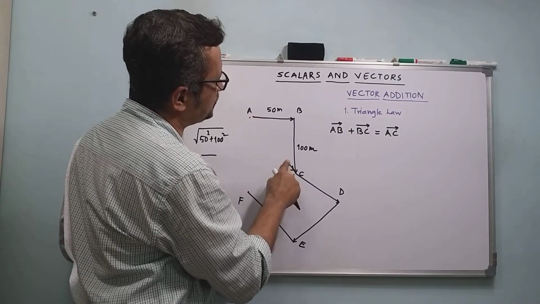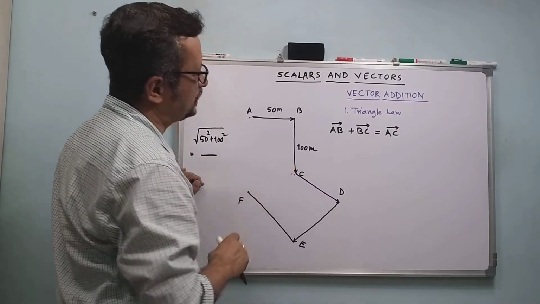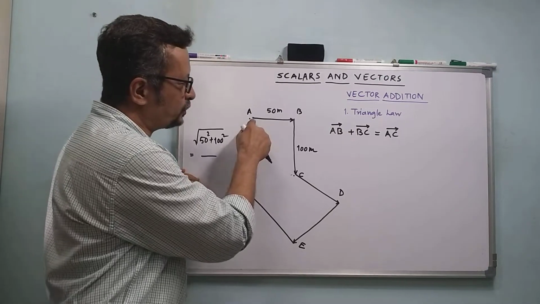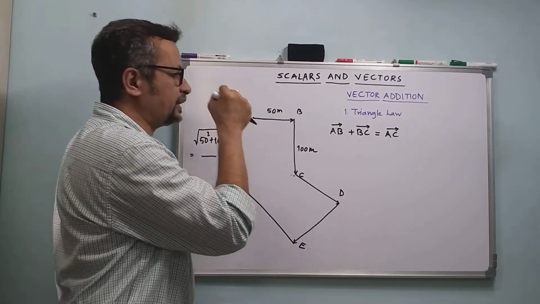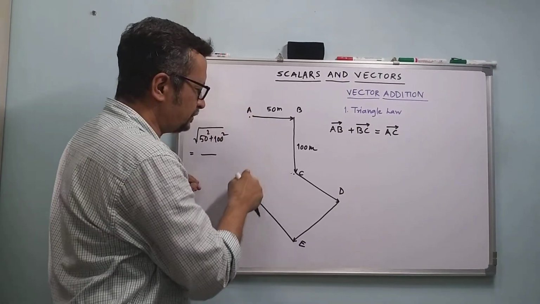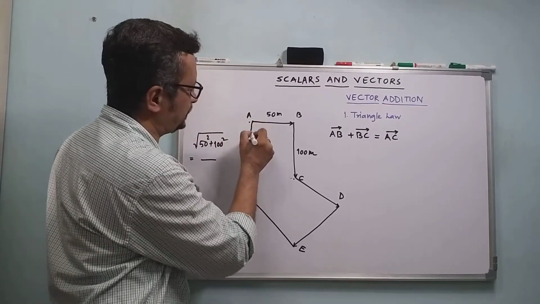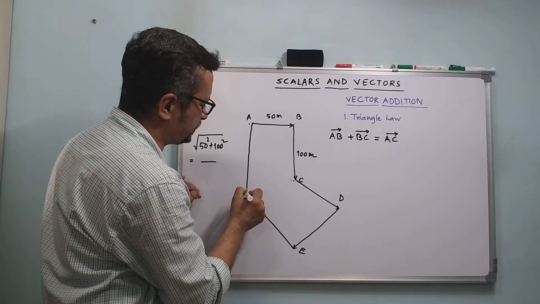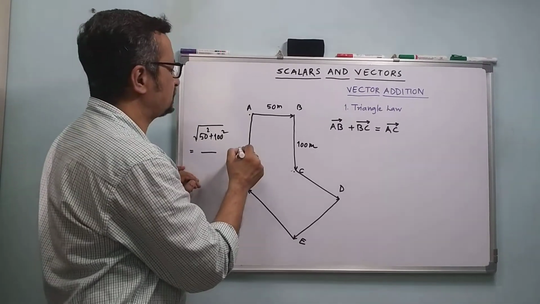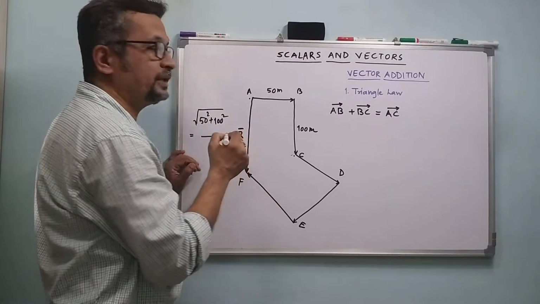I'll just remove this. I'm going to connect the tail of my first vector with the head of my last vector, and this gives me the resultant. I'm going to call it R bar.